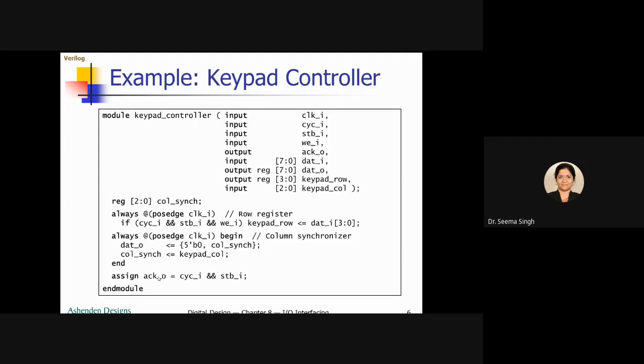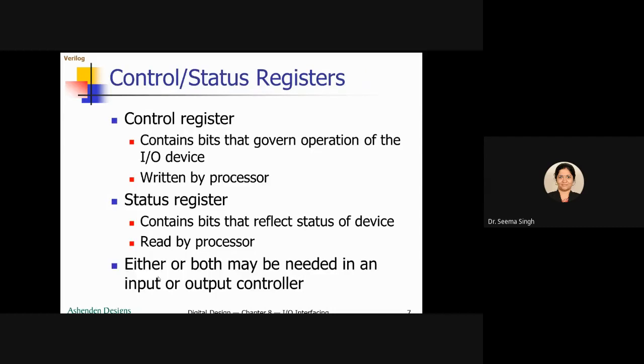It is working, and it is also synchronizing column and row. But what is the status of the keypad controller and what is the control and status register, that is what you should understand before going to the next part of the program.